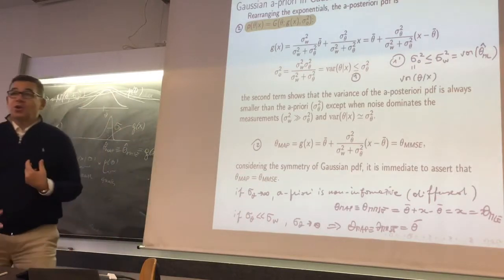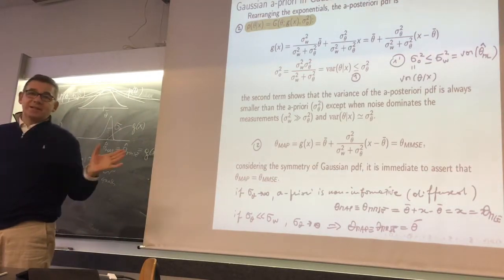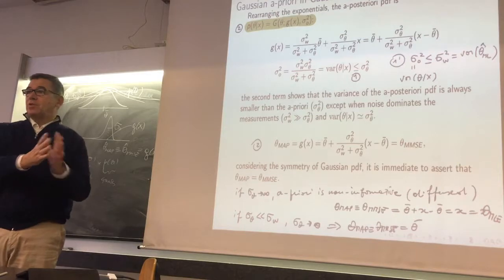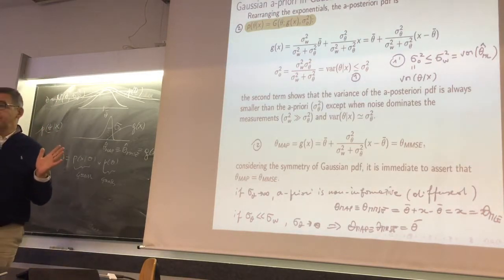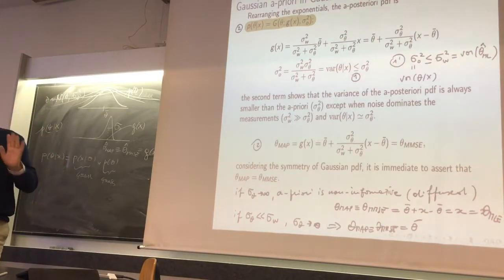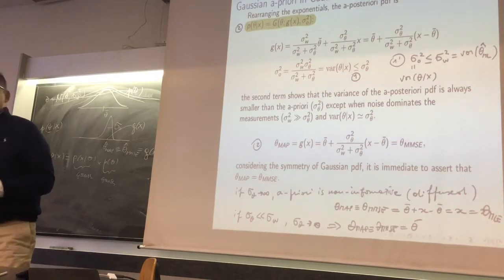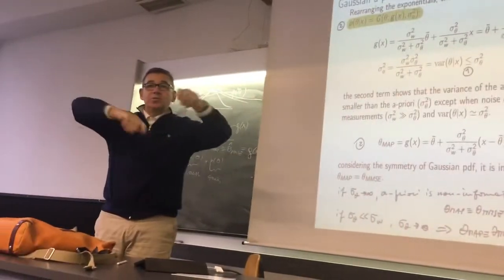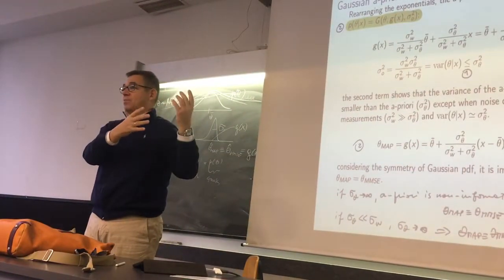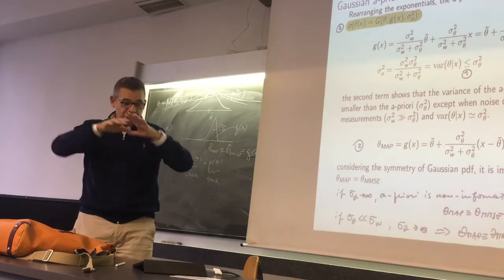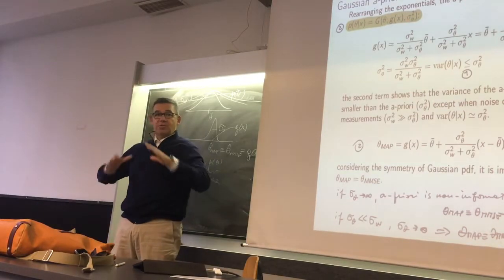It says the following: if the noise condition dominates, so if I make a measurement and my measurement is very noisy, it's better to throw away the measurement and keep the a priori. That's what it's saying. Imagine that you make a measurement to estimate my position. You know that my distribution is Gaussian around this position.